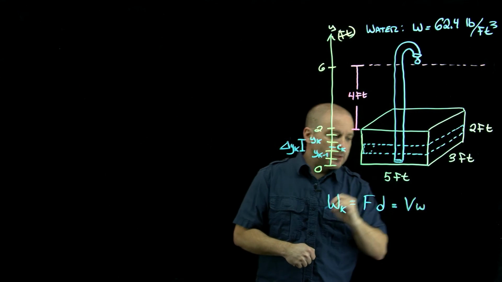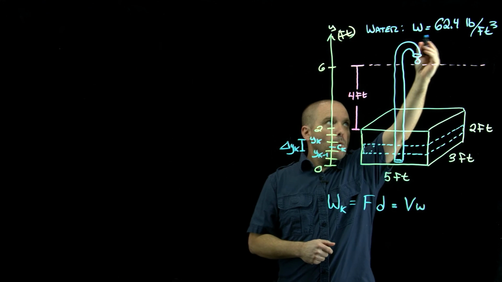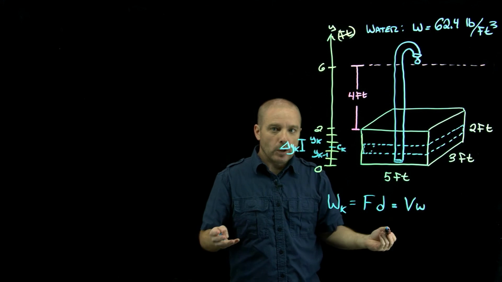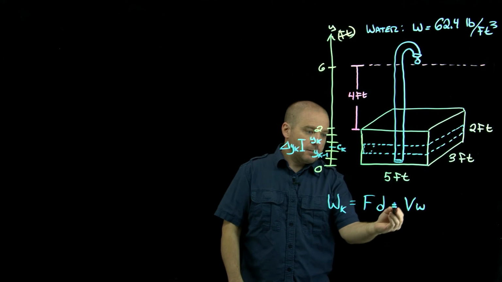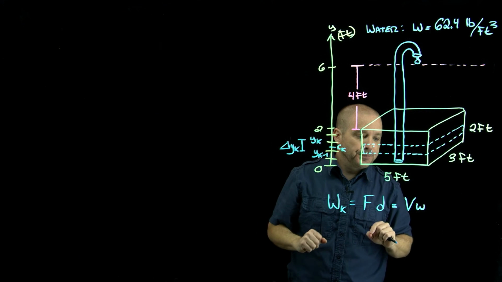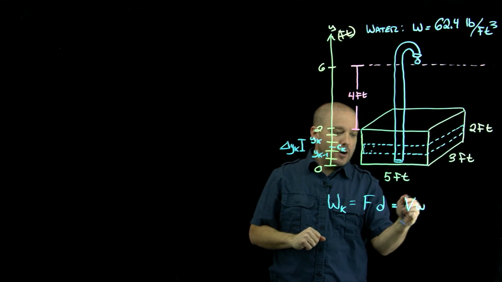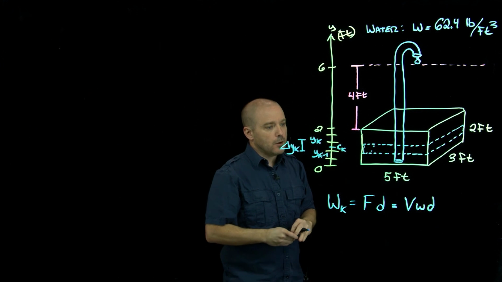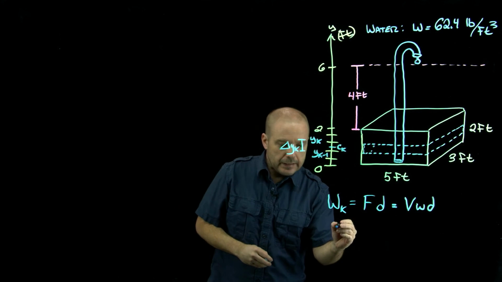If I take that times the weight density, remember weight density is weight per volume, times volume will give us weight. So that volume times weight density is just giving me the weight of that slice there. Now, how far it's being displaced. Okay. Now let's fill in the details there.